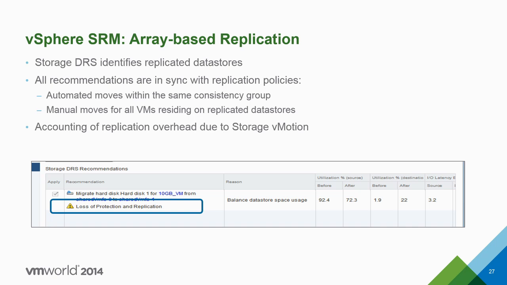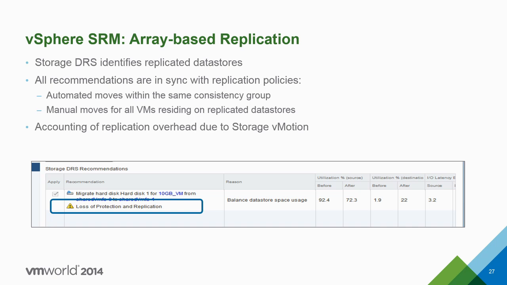When those configurations are received by storage DRS, it will look at whether it can make that move. If the move between those two data stores can be made without any loss of protection, without any impact on the replication policies, then storage DRS will do it.